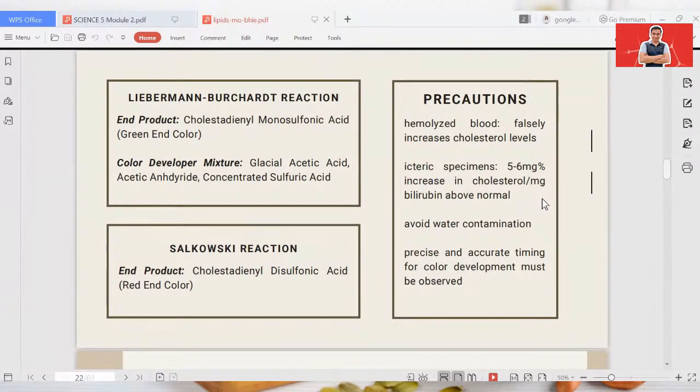And the Salkowski test color is more stable than Lieberman-Burchard.